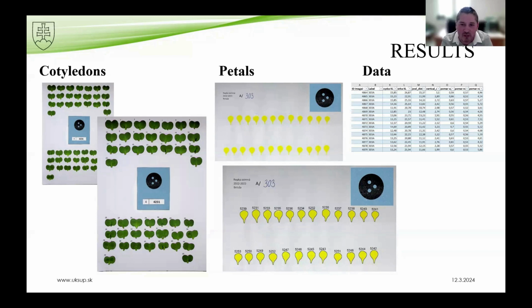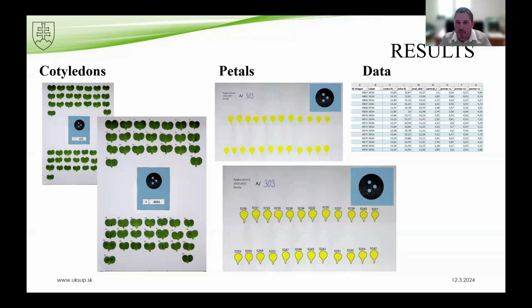We get one file for all images. Individual petals can be identified by variety name of the scanned image, replication, and by the unique number of that image. That we use for the next step, which is the checking of the raw data from the image analysis.